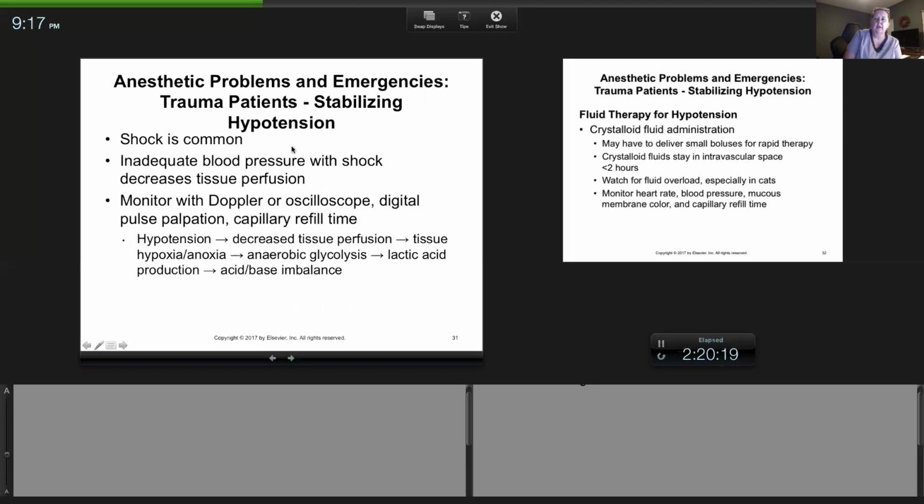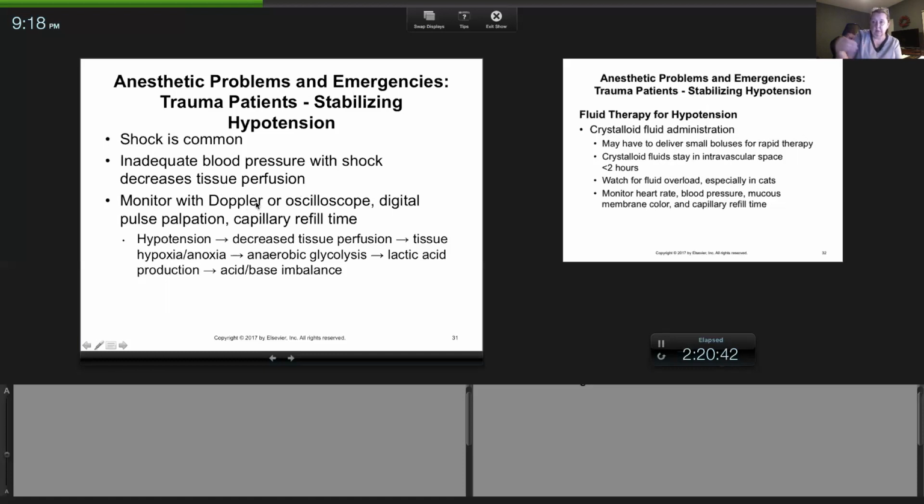Because shock causes low blood pressure, it gives you low tissue perfusion. And how we monitor this is you can use a Doppler to check blood pressure, and an oscillometer is like the cuff. But I will tell you, the best method, the most accurate, is the Doppler.